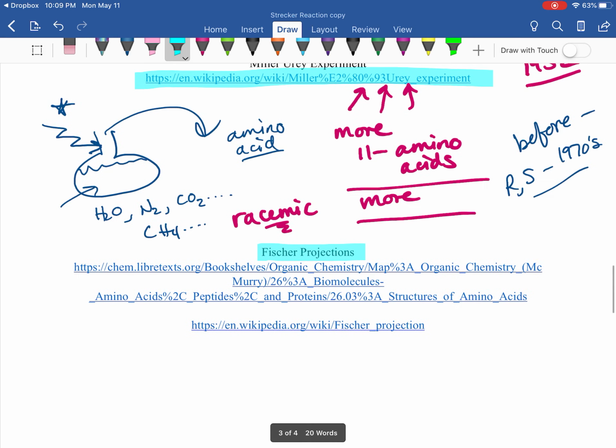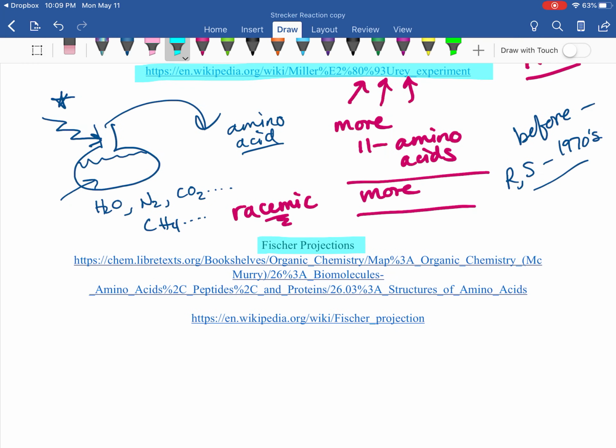And then because our amino acids have been around forever, also in the 1800s, people were thinking about the structure of those molecules and literally thinking of sugars. So Fischer projections, I believe it's Emil Fischer, started with basic glyceraldehyde.